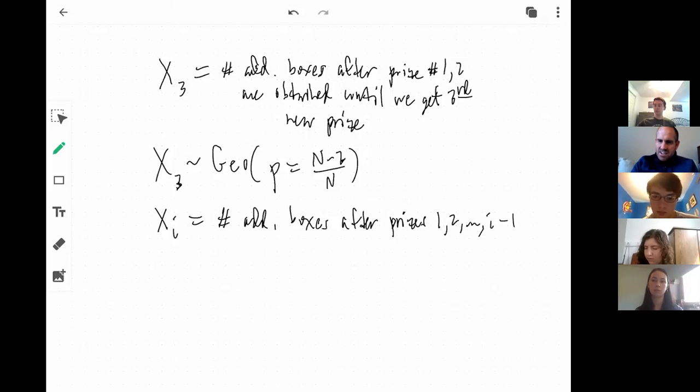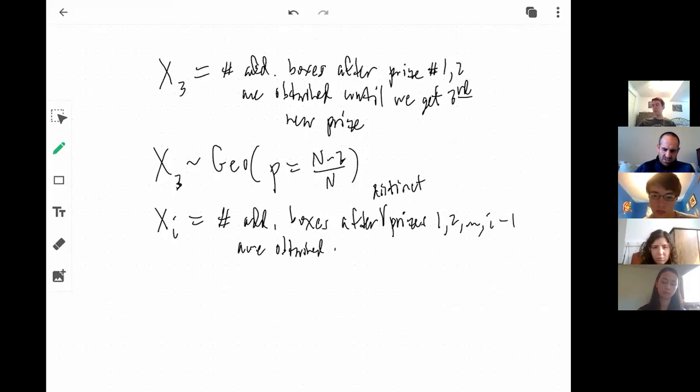And these could be any, they're just distinct prizes. After distinct prizes 1 through i minus 1 are obtained until we get a new ith prize.